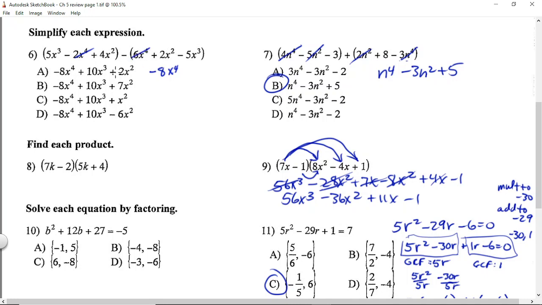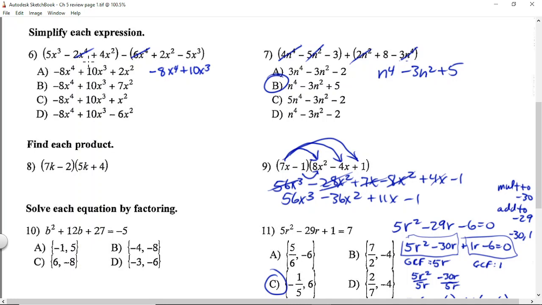And then we have x cubed as our next largest exponent. That's 3. We have 5x cubed, and then we have minus negative 5x cubed. This minus must, of course, distribute, so we're subtracting a negative 5x cubed, which means we're adding 5x cubed. So 5x cubed plus 5x cubed, that's 10x cubed.